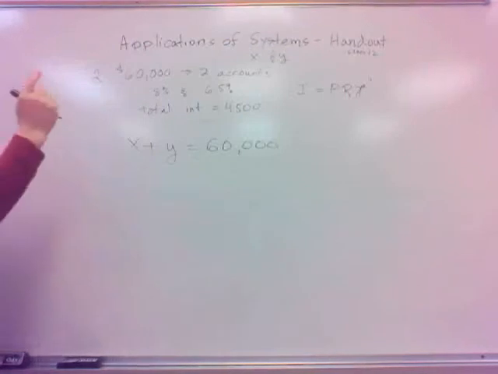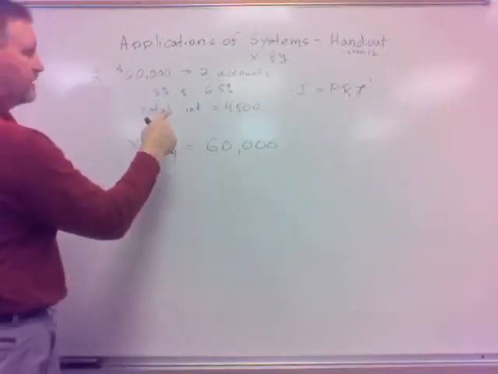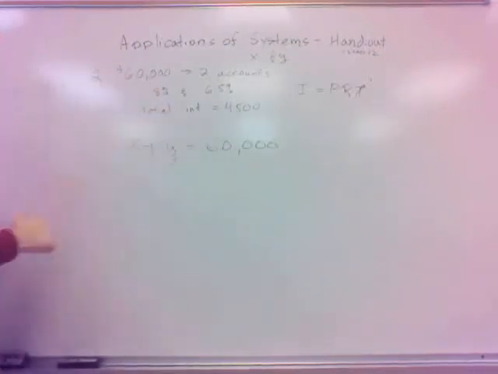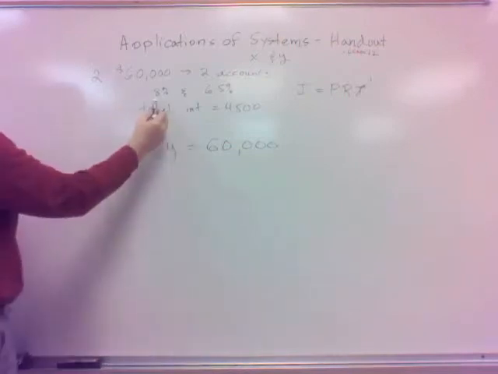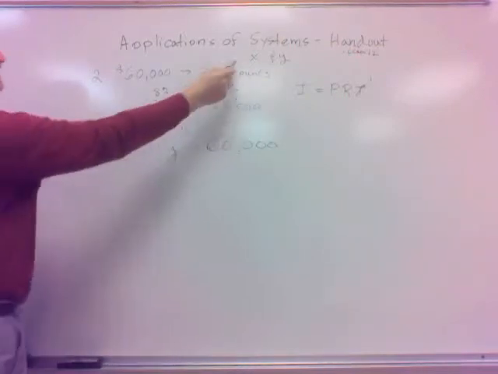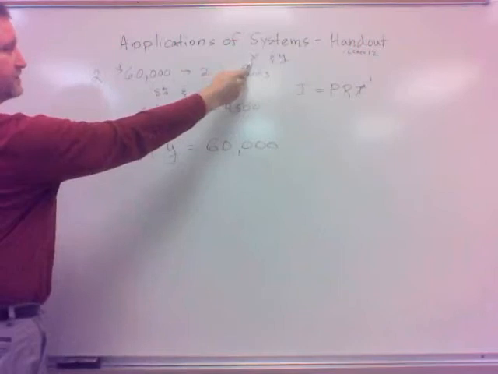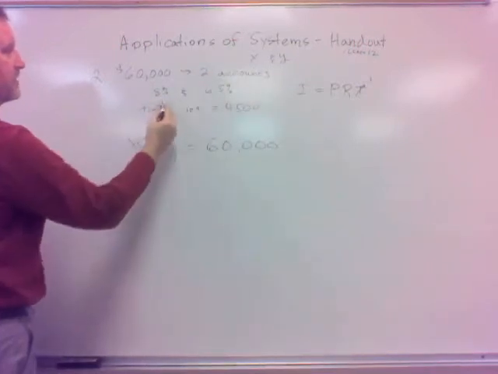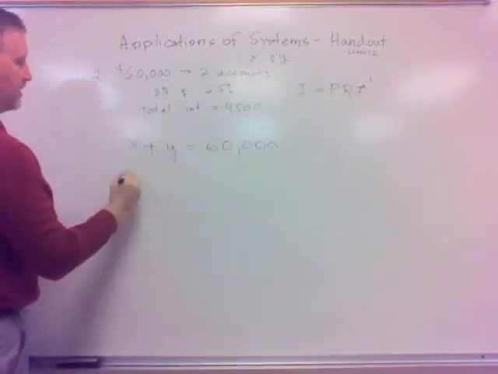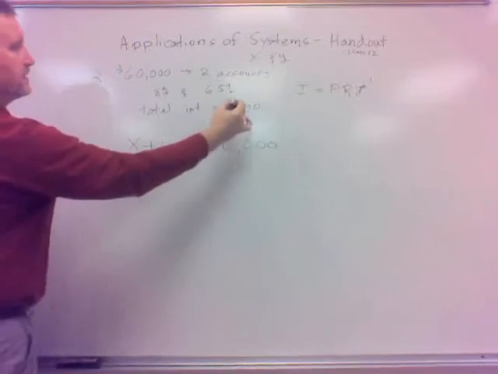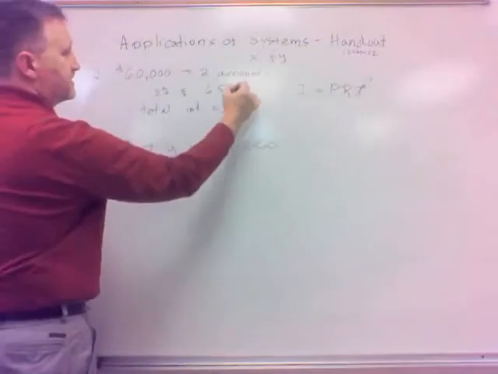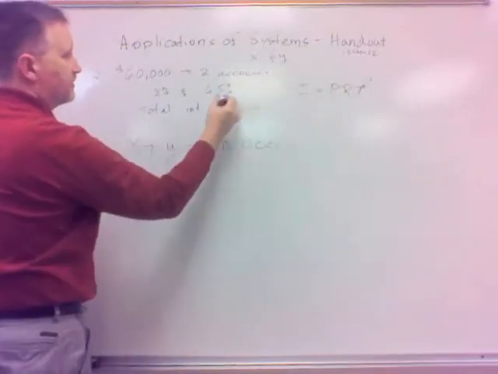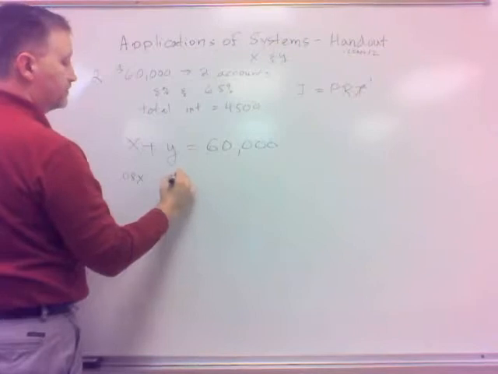The principal of the 8% account, let's call it the first account, is X, so that's 0.08X. The principal for the 6.5% one, let's call it the Y one, would be 0.065Y.